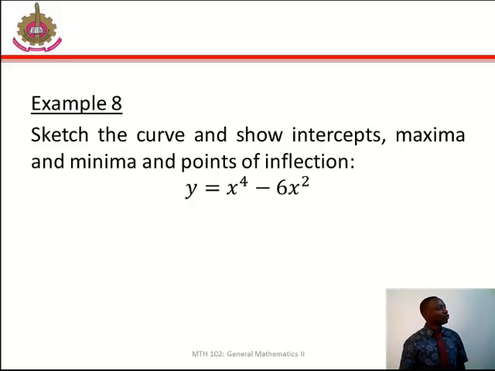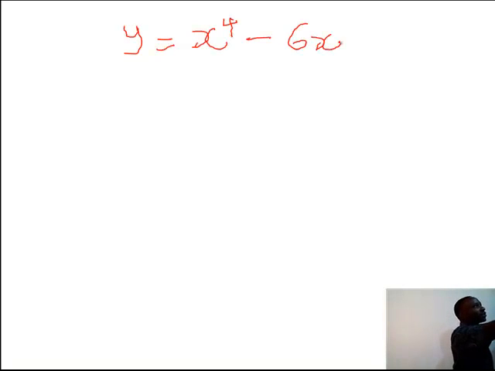And we are going to use a graph to show how this is represented when we have calculated all these values. Now, let's solve this example. We said our y is equal to x raised to the power 4 minus 6x squared.